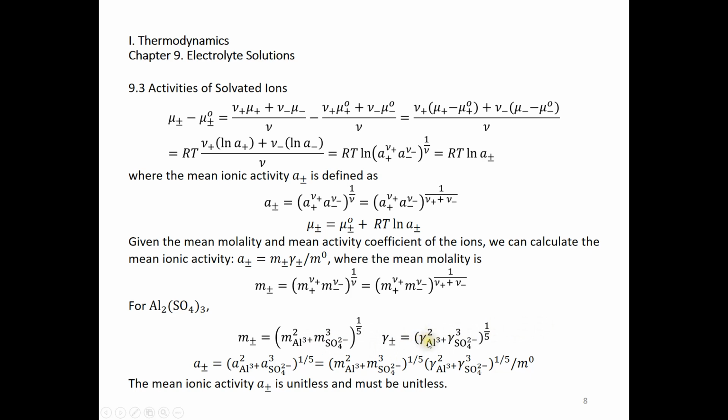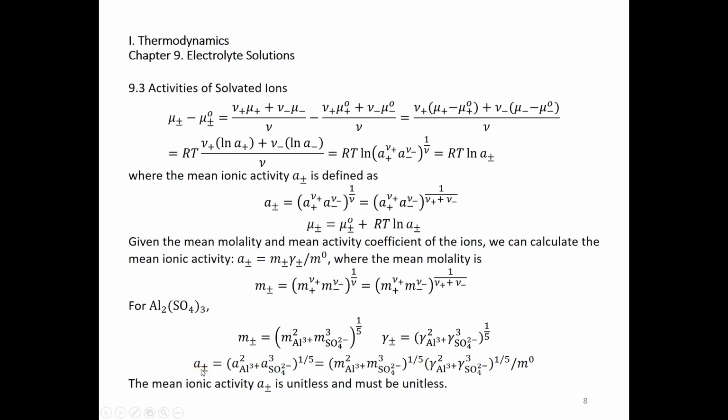It's gamma of aluminum 3 plus to the power of 2 times gamma of the sulfate to the power of 3, and then altogether raised to the power of 1/5. Again, we see 2 here, 3 here, because in one ionic formula we have 2 aluminum ions and 3 sulfate ions.